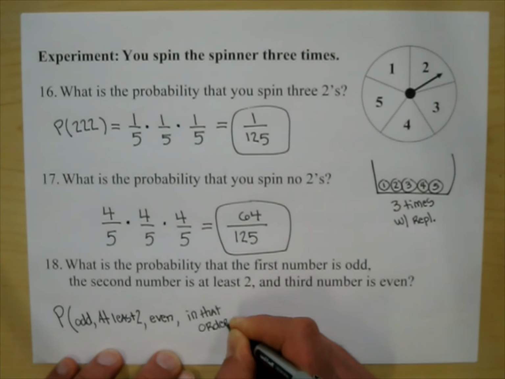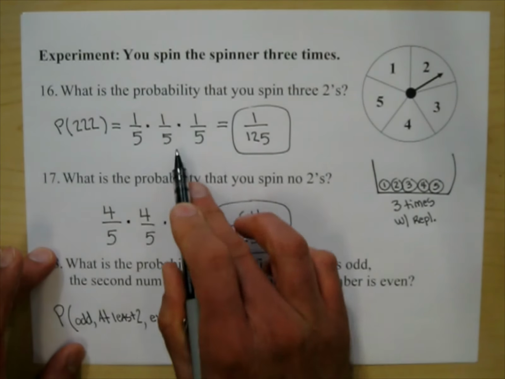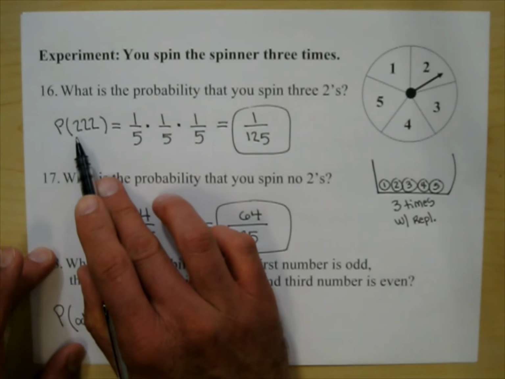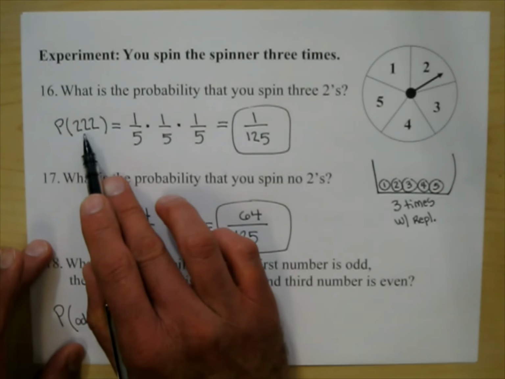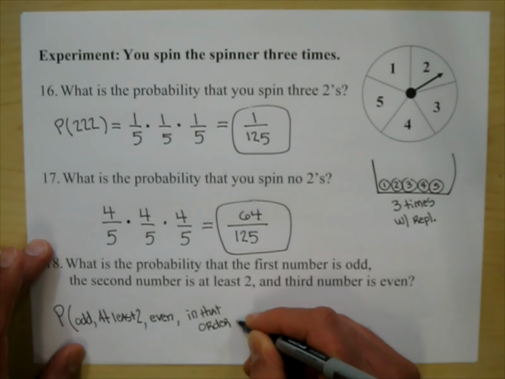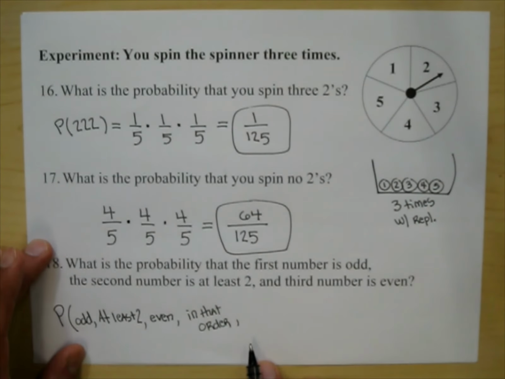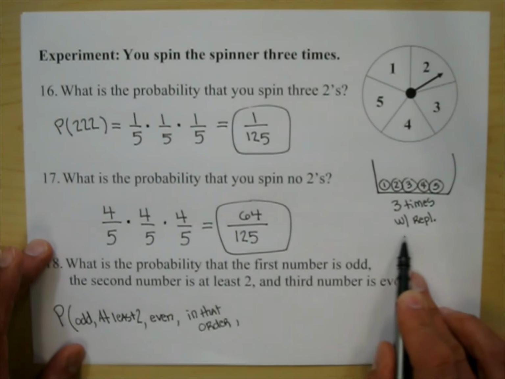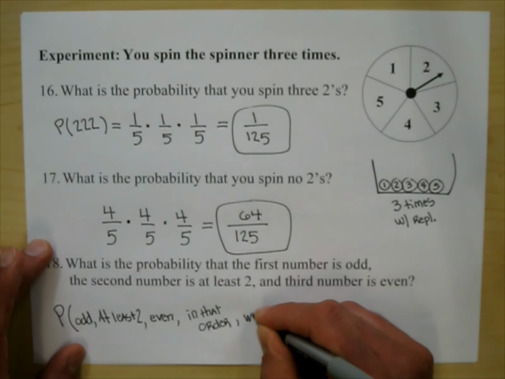The reason we didn't have to actually write in that order on these two is because these were all the same type, all the same color as we did in the other example. 2, 2, 2, non-2, non-2, non-2. So we did it in that order because we could choose to do it that way. And then this is with replacement. It's all with replacement with the spinner.